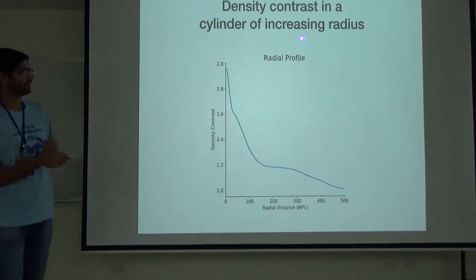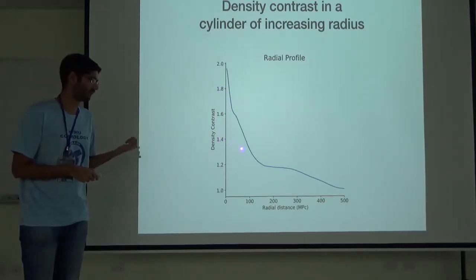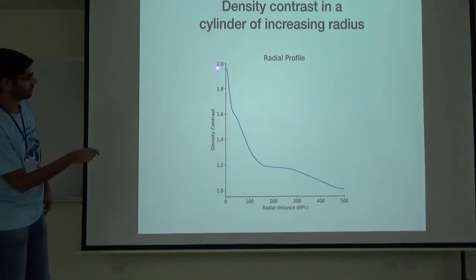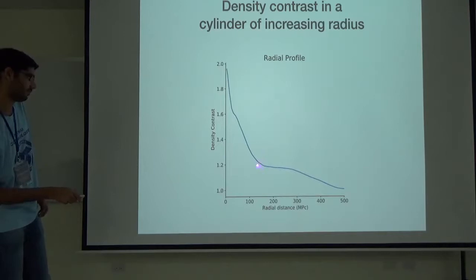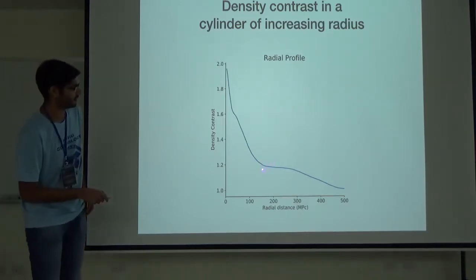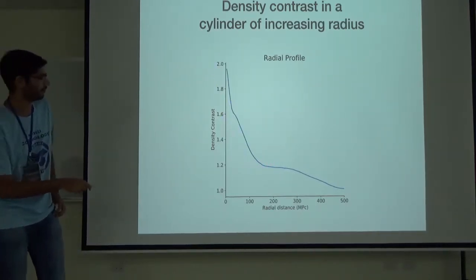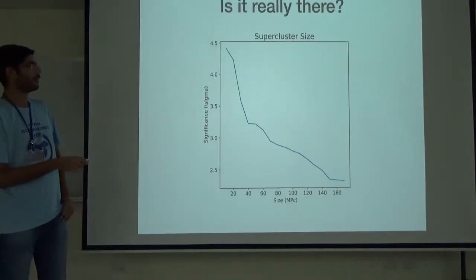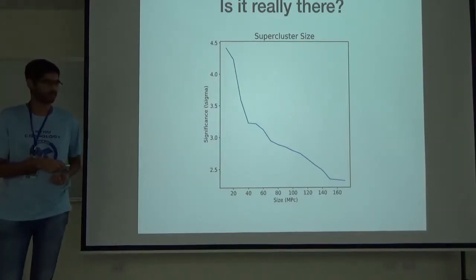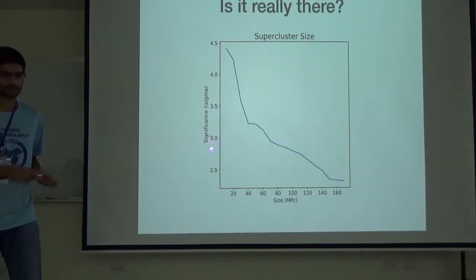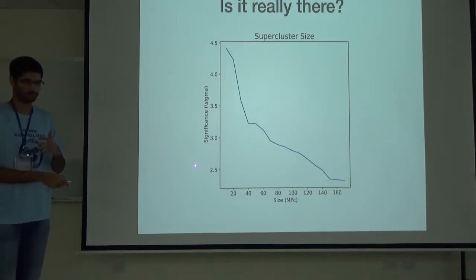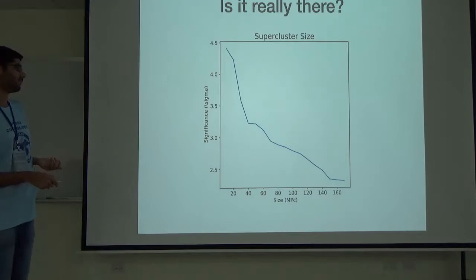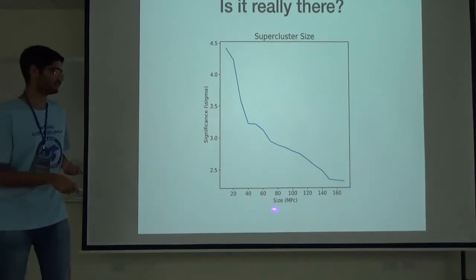So we generated a radial profile for our supercluster. And as you can see, it is quite interesting that there is a break at 120, 150. Quite steep. Also, defining the radius for the supercluster isn't trivial because we don't know where to keep the boundary. One way is to check the significance versus the size of the cluster.